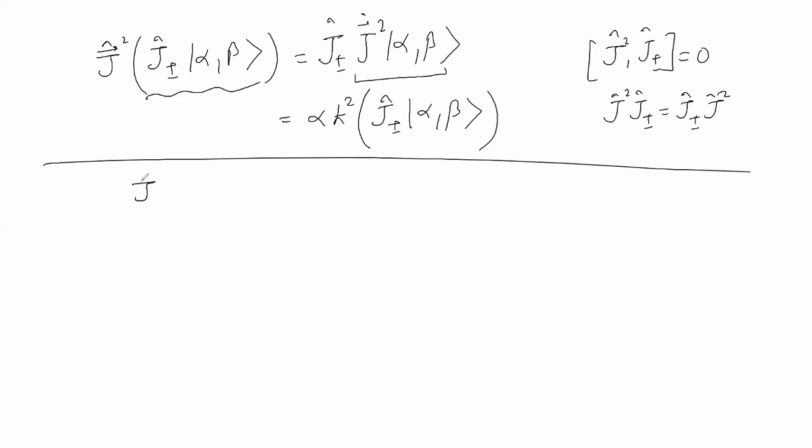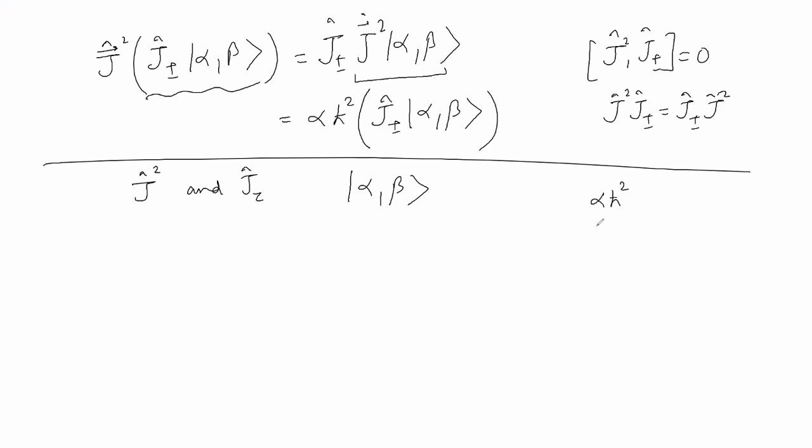What I am considering, telling you that J square and Jz are the operators which commute among themselves, and therefore they can be represented by a common eigenstate |alpha, beta>.